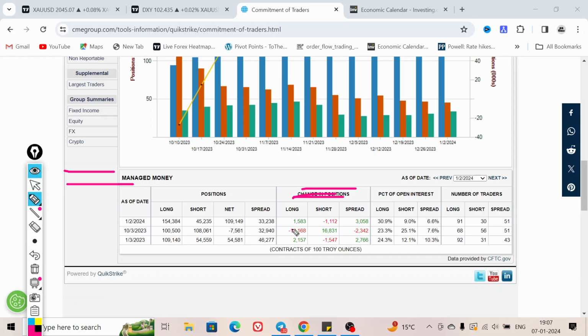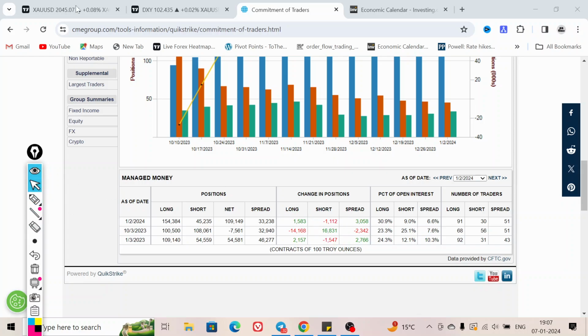This time they added 1583 positions into the long, and they are still covering their short positions, meaning they are decreasing their short positions, and this time they decreased 1112. So overall, in terms of the sentiment from the COT, it is still in the bulls' favor, and we can say that they are still bullish on gold as per this latest COT report.